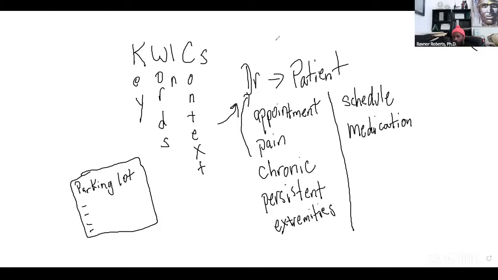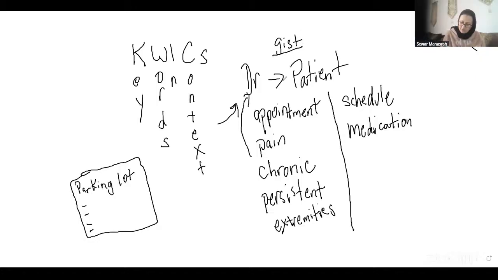Because ultimately, one of the things that we want them to get out of the text is the gist, GIST, the gist of the text. What was going on? What was the overall meaning of the conversation, or what overall happened in the conversation? Okay, so that's what you're going to do.